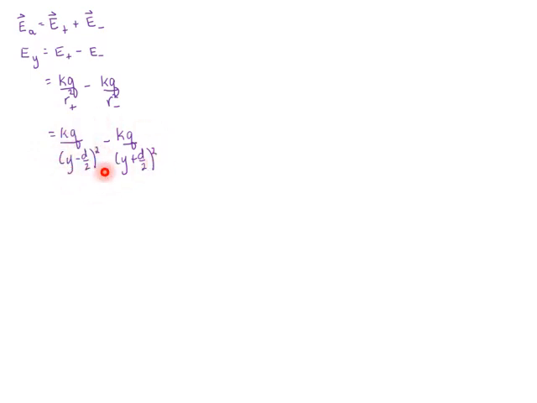First, we focused in on this value right here, 1 over y minus d over 2 squared. We found that that term was equal to 1 over y squared, times 1 over 1 minus d over 2y squared.